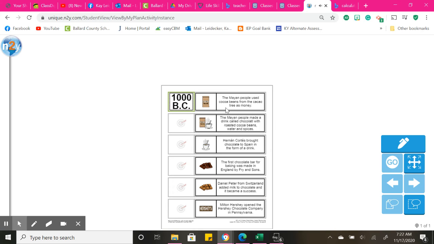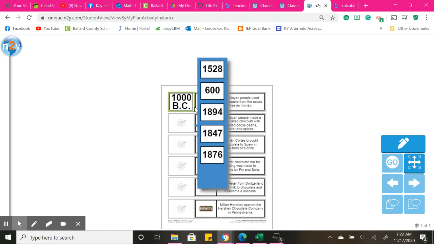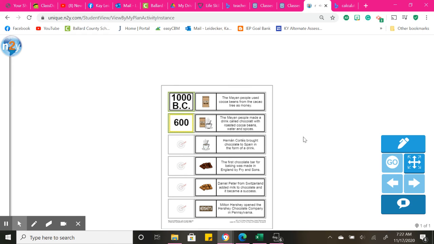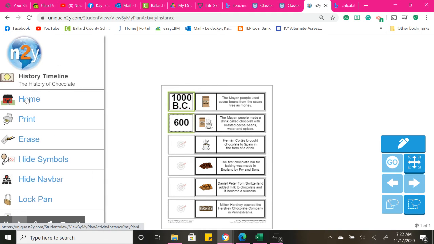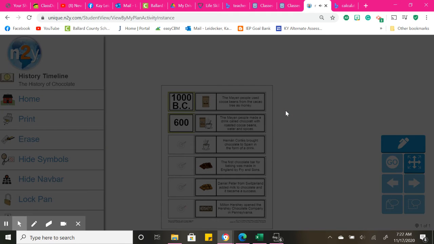The Mayan people used cocoa beans from the cacao tree as money. Next, the Mayan people made a drink called chocolate with roasted cocoa beans, water, and spices. It's making me want something good to drink. All right, our next event would be the smallest number here, 600. So you finish the chart, ordering from least to greatest on our number line there for history timeline.